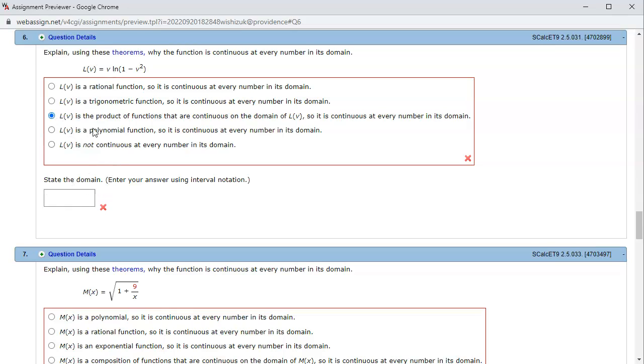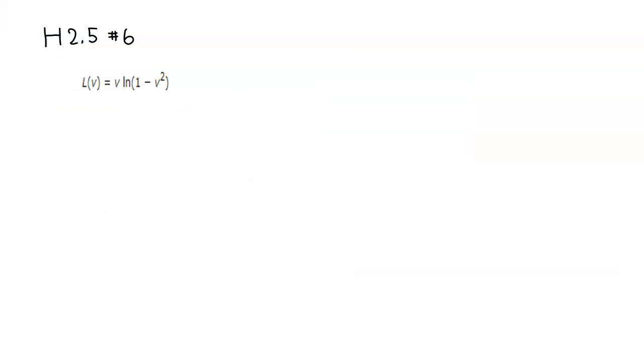Then let's state the domain of this. What's the constraint here? Since we have natural log, natural log can only take a strictly positive value. So whatever goes inside the natural log has to be strictly greater than 0.